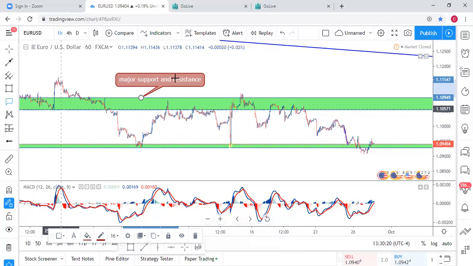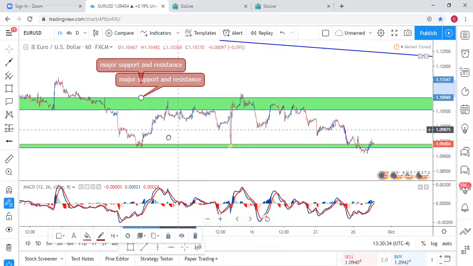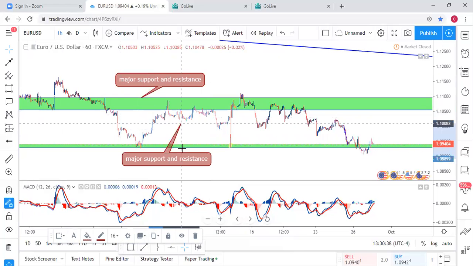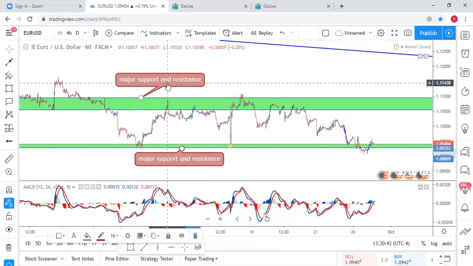Then down here, also as well, is going to be a major support and resistance area, but we are using it as support right now. So we got that out of the way. Major support and resistance here, major support and resistance up here.